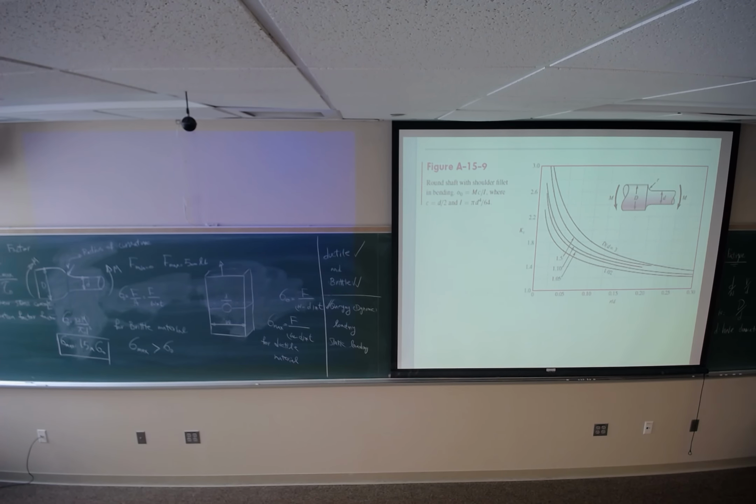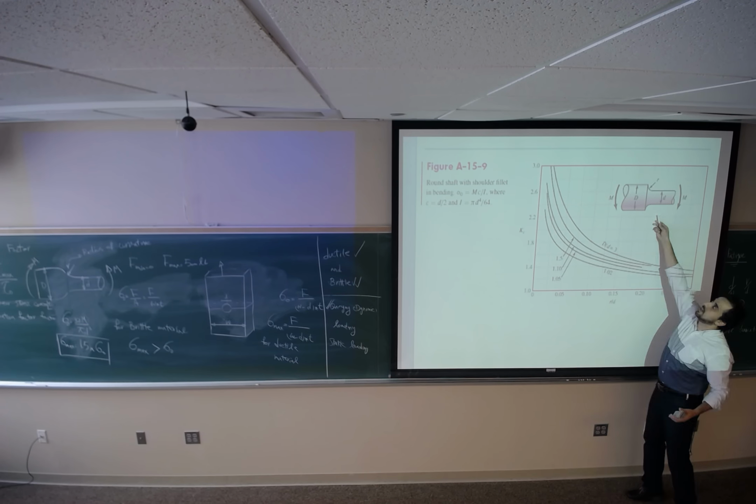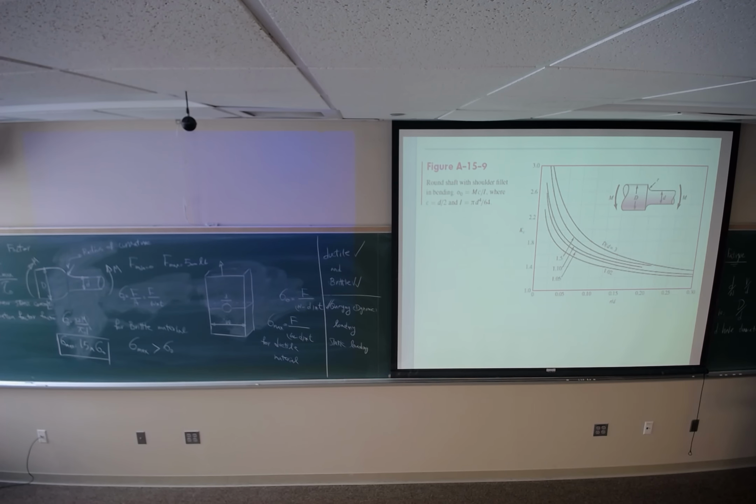If I had only the shaft with the smaller diameter, something like this, which was under bending moment, then sigma was Mc, where c is half of the diameter, divided by I, which for the circular section is pi d to the power 4 divided by 64. It's going to be 32M divided by pi d to the power 3.